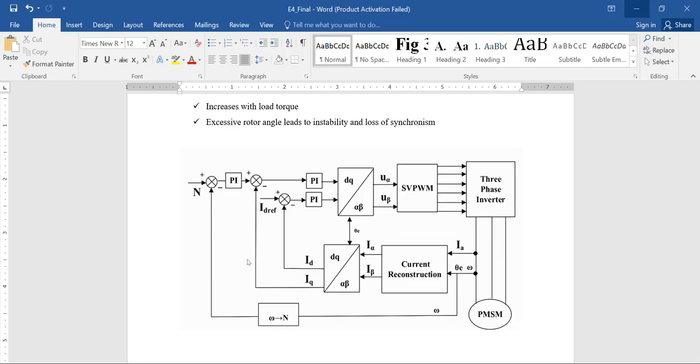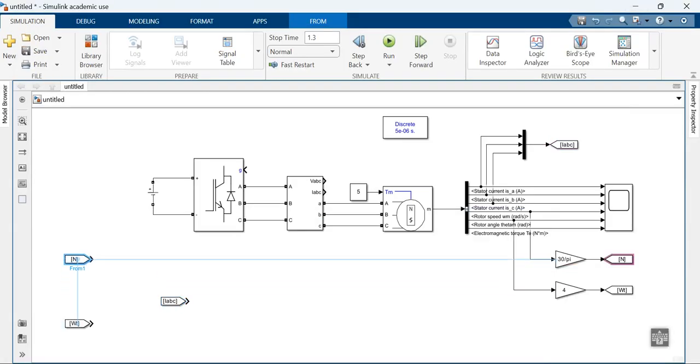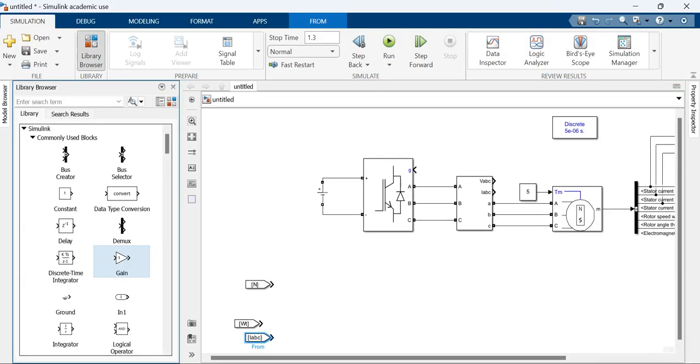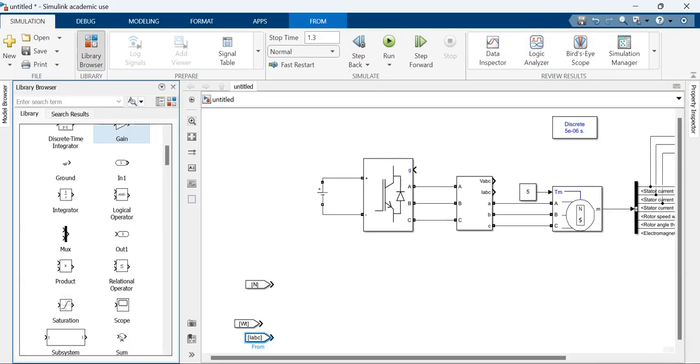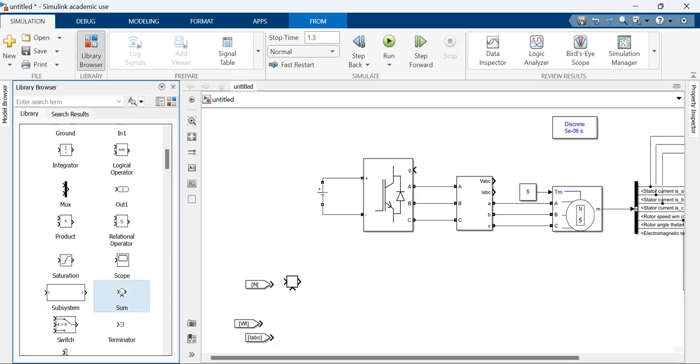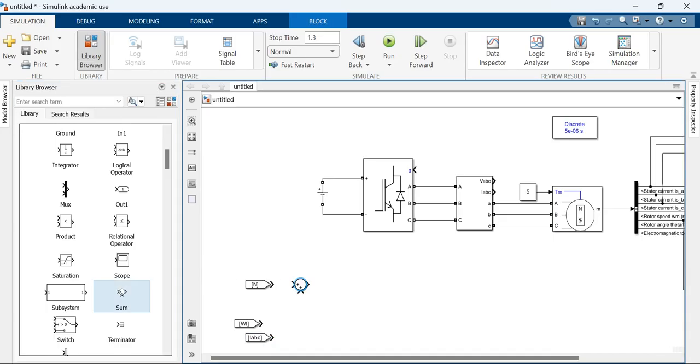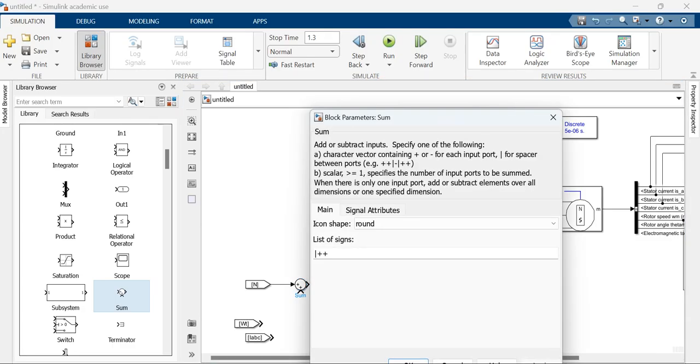So let us complete this. This is the actual speed, and I have to compare it with the reference speed, for which I need a summer block. Summer block is already available in commonly used blocks. Double click, change this sign to minus.